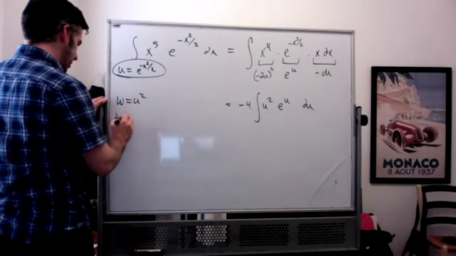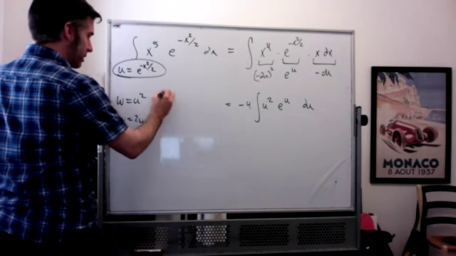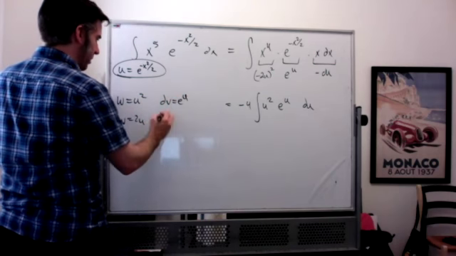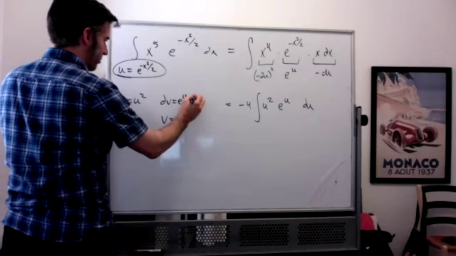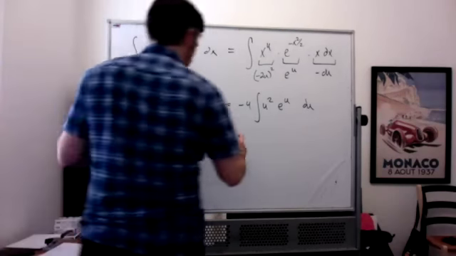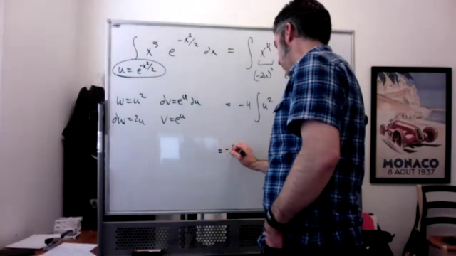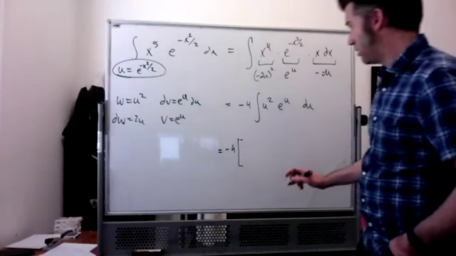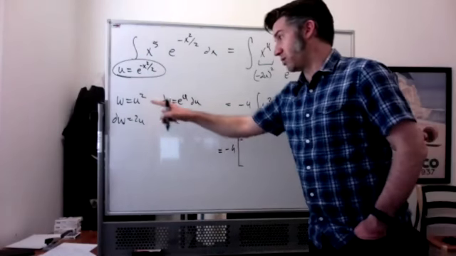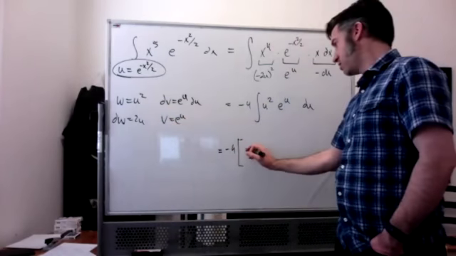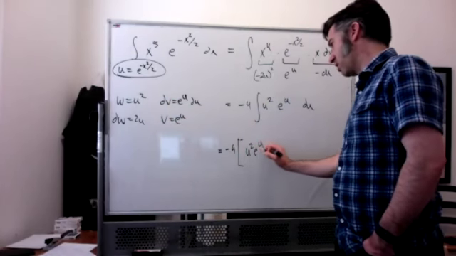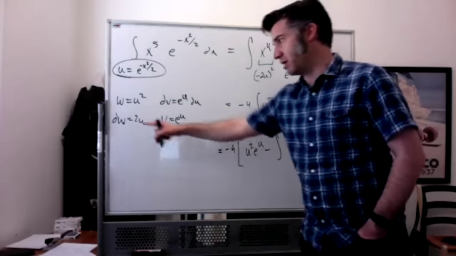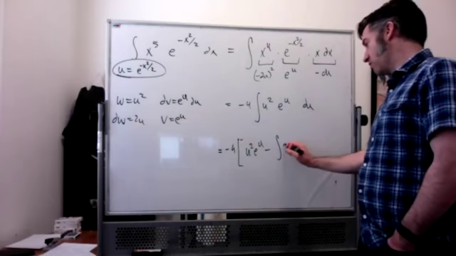My dw is 2u. My dv is e to the u, and my v is e to the u. So rewriting my integral, it's negative 4 times wv, u squared e to the u, minus the integral of v dw, so e to the u times 2u.